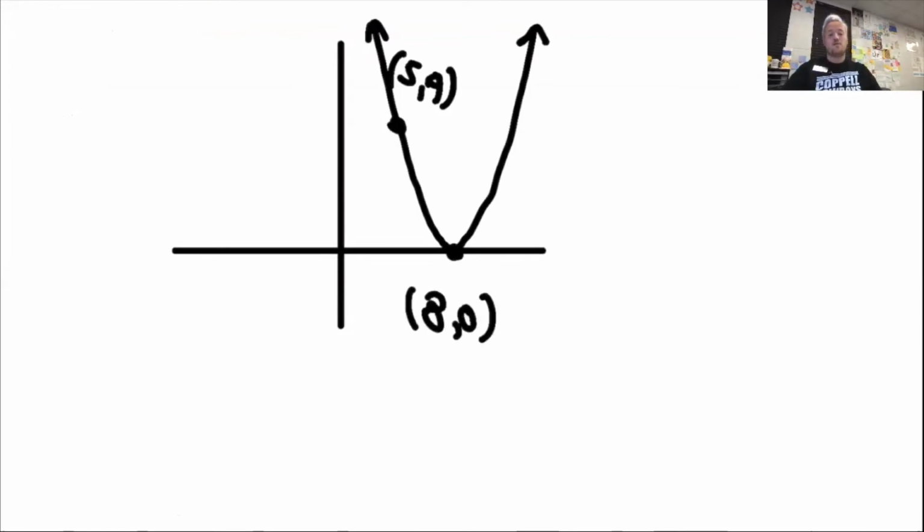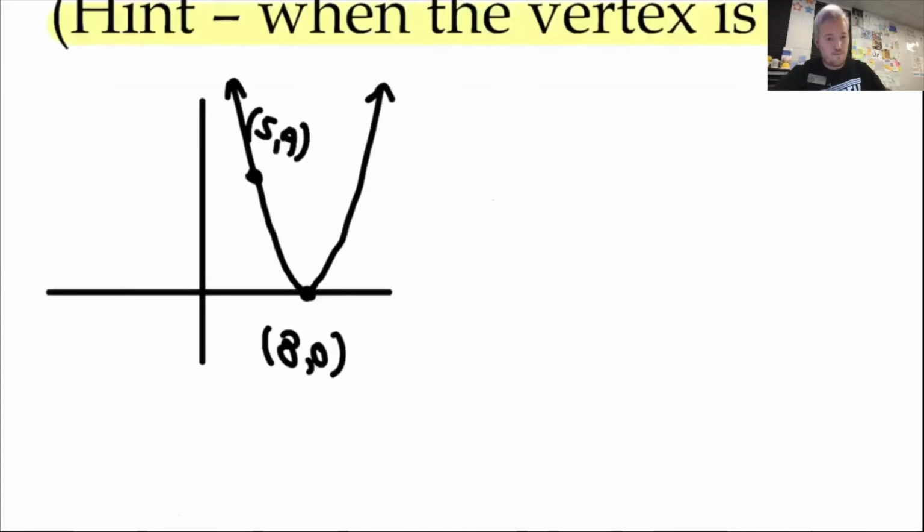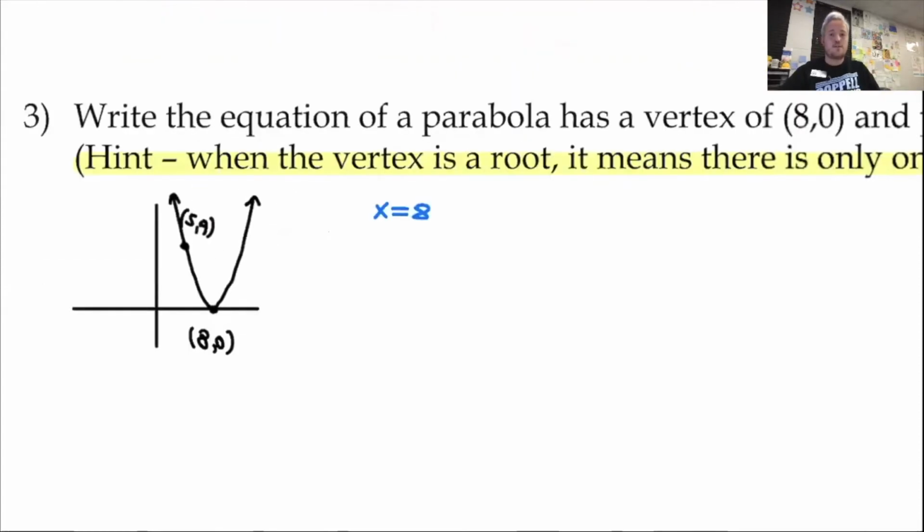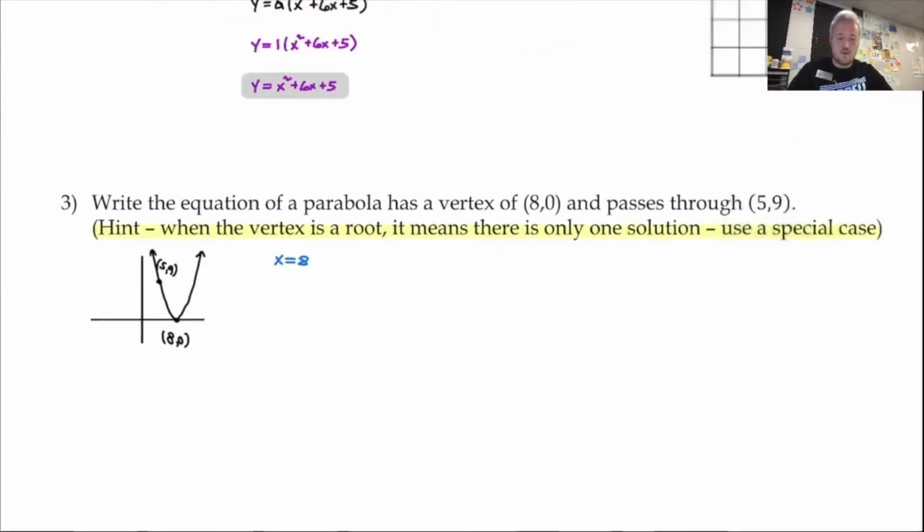Keep in mind, usually we have 2 roots to deal with, but in this case we only have 1. So that means you can only work with that 1 root. This is actually going to be a special case. When I say special case, we're looking at using a perfect square trinomial.